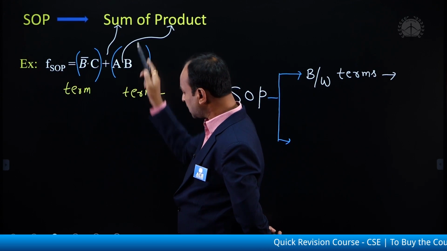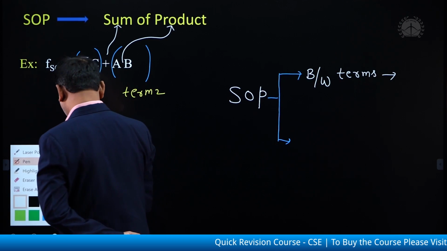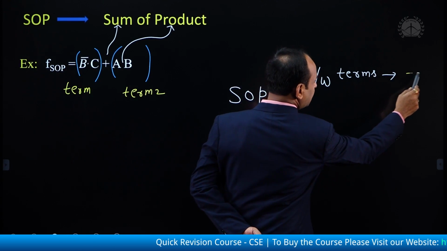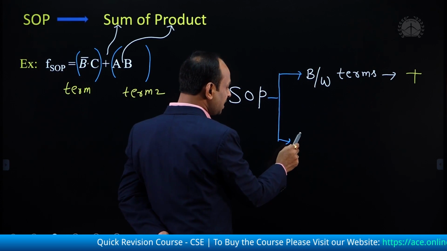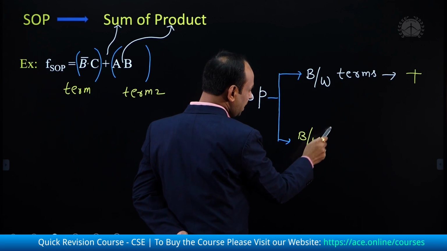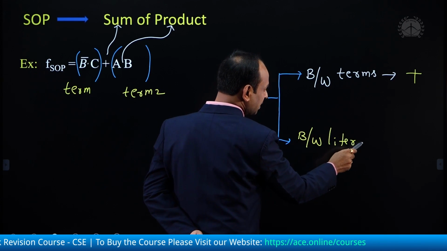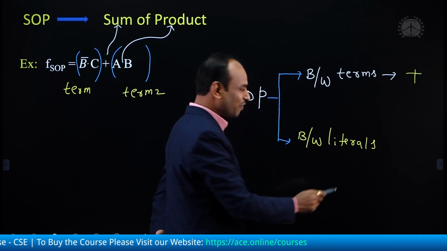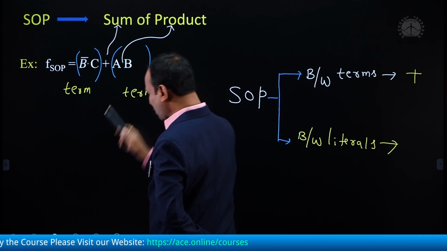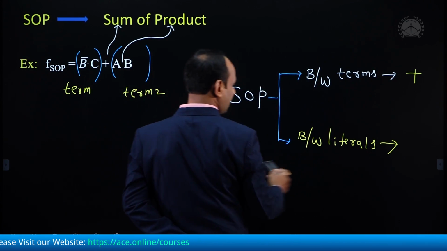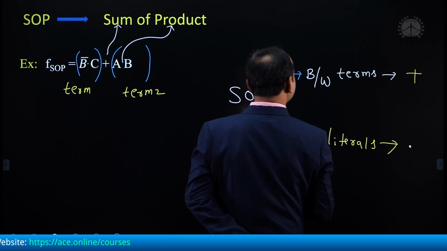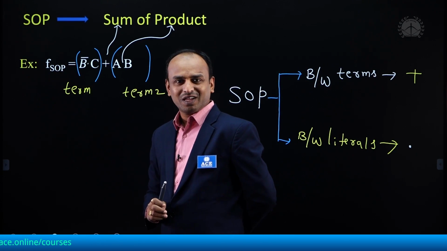Between the terms, what operator are we taking? Between the terms, the operator is sum. Between the literals, what is the operator? Product. Product means dot, I am taking dot. This is called SOP.